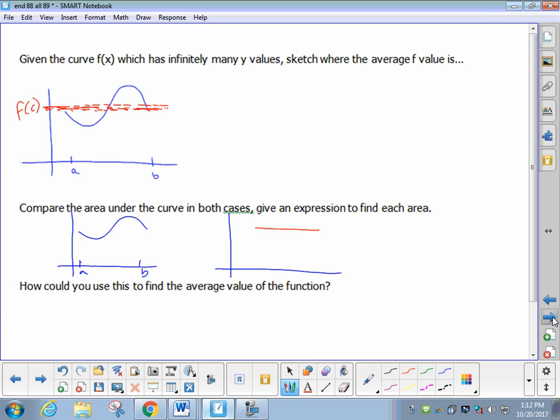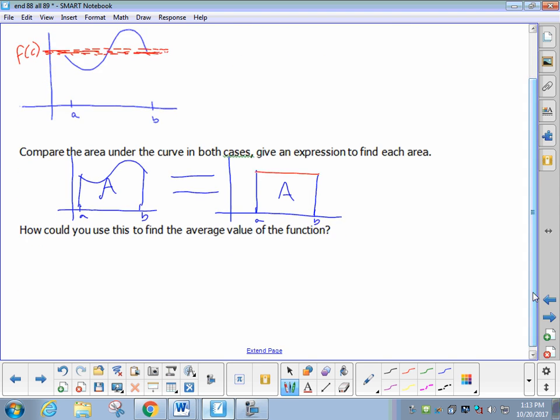Okay? You follow? Here's that area, and here's this area. Now, if this negative area truly knocks out that positive area, then how should those areas relate? They should be equal. Area 1 equals area 2.